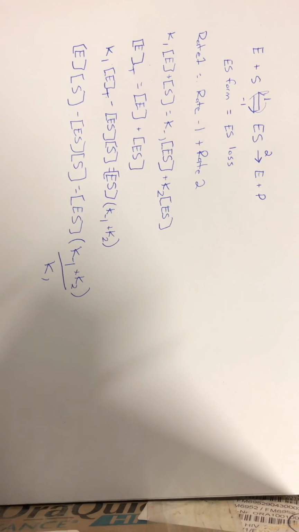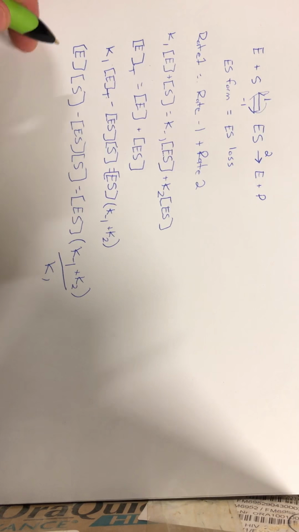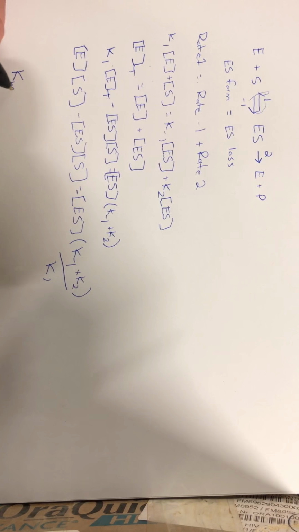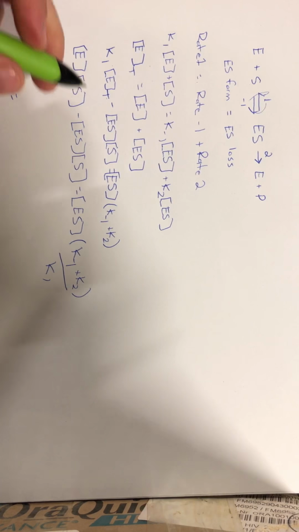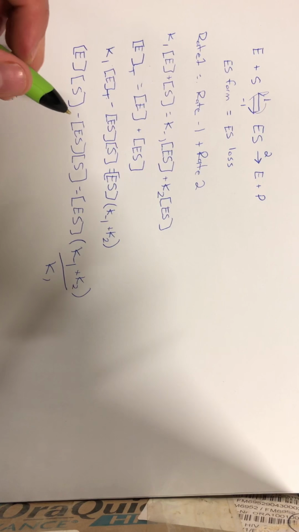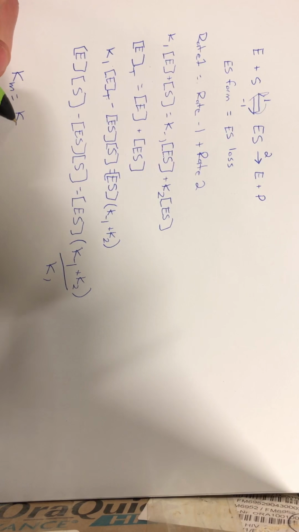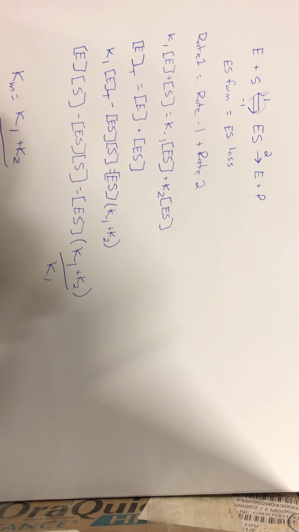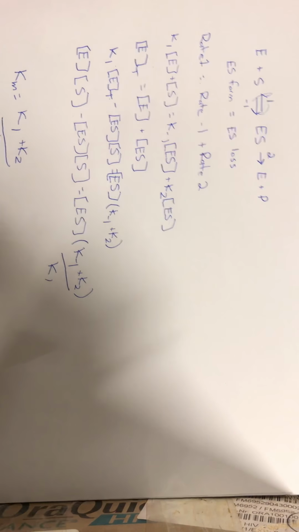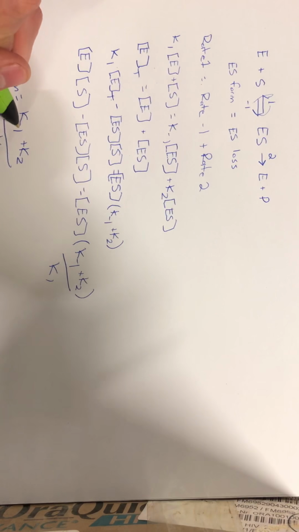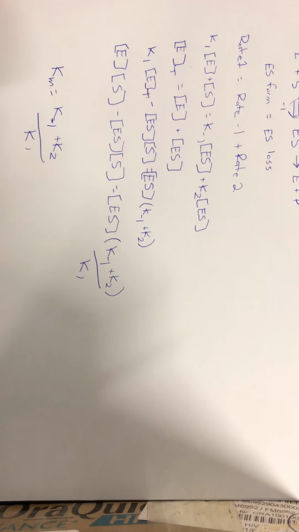Since all of our rate constants are constant values throughout, they can be combined to give us our Km value, which is our rate constant. So Km would equal K minus 1 plus K2 over our K1. So we'll move that up so you can see that there.